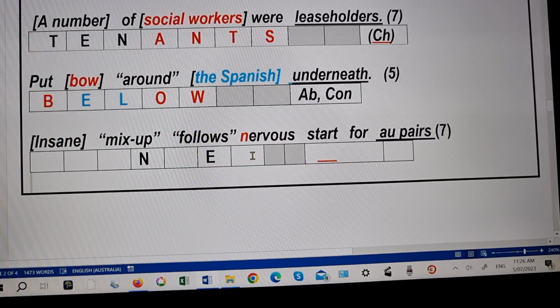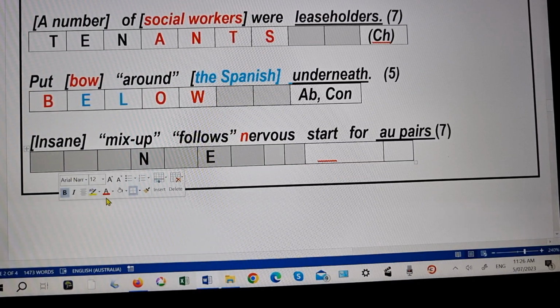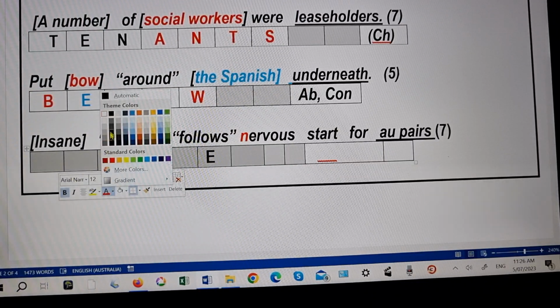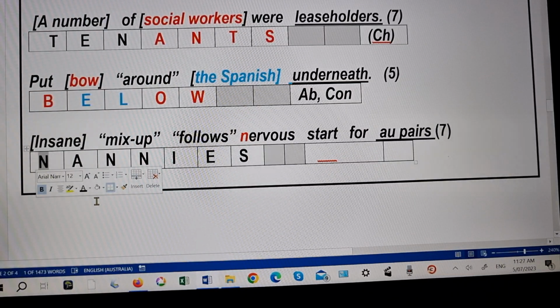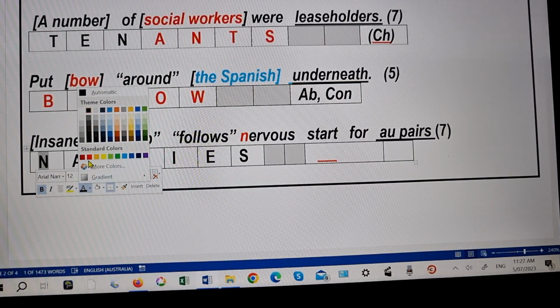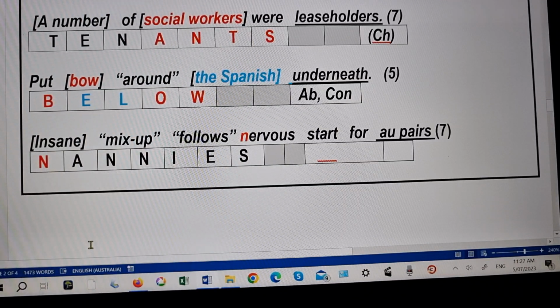Anyway, au pairs. Who do au pairs look after? They look after kids, don't they? Young babies. And they are often called nannies. Well, so far so good. Is it right? Follows nervous. Well, there's the N. It's supposed to follow the N. So there, I've got the N there. Now, watch this other part. Is this insane mixed up?